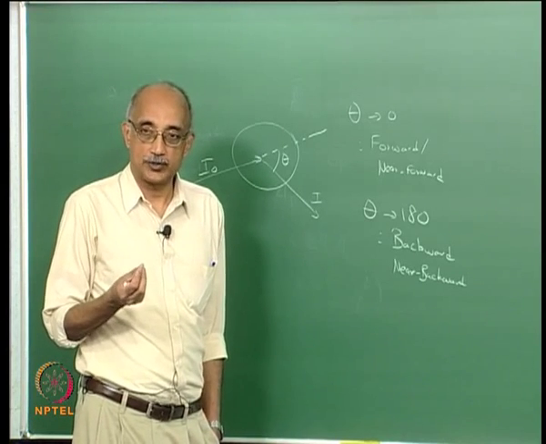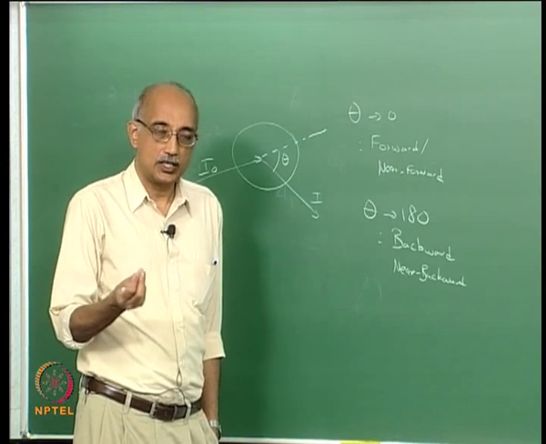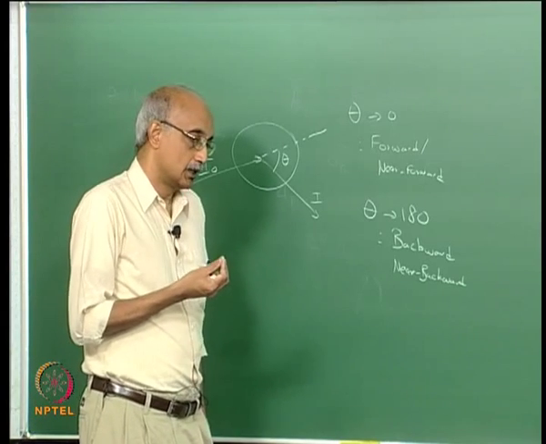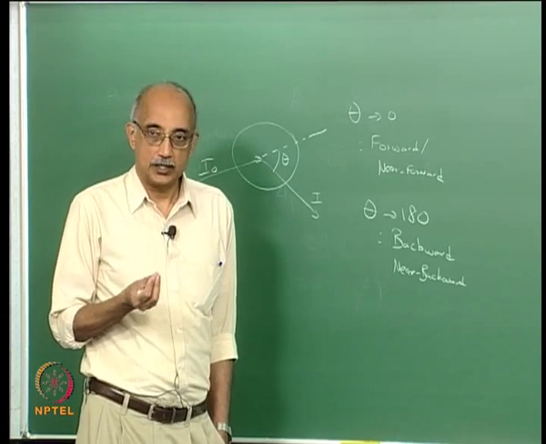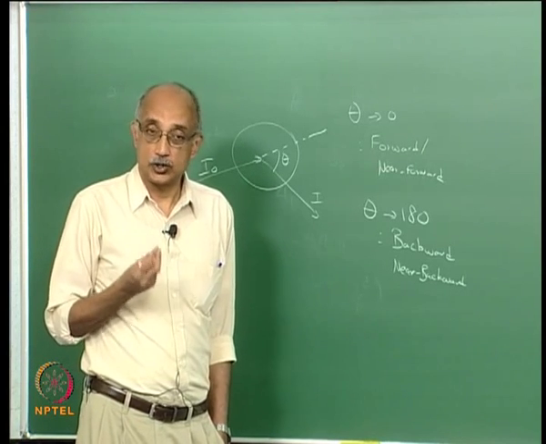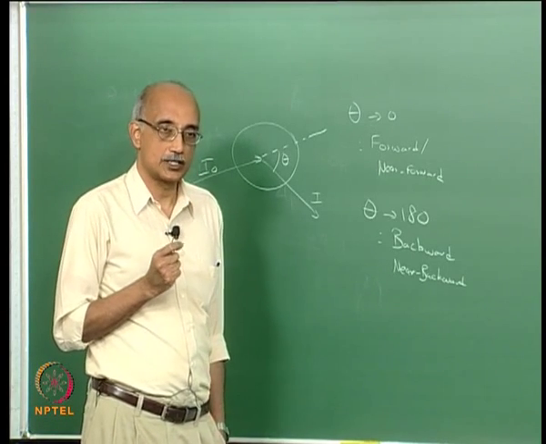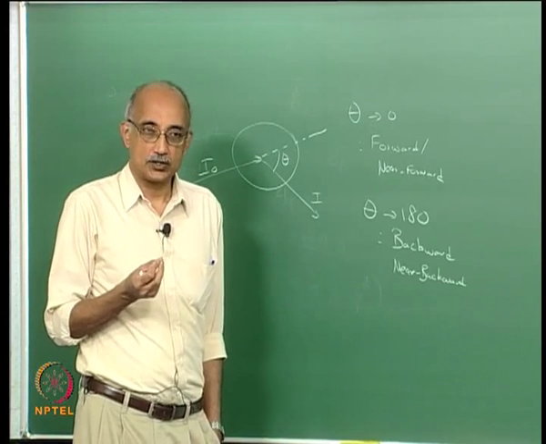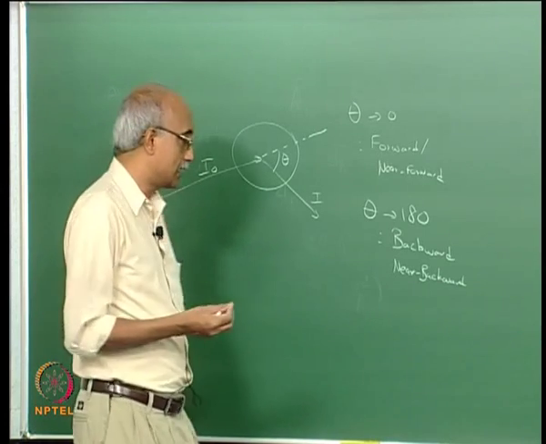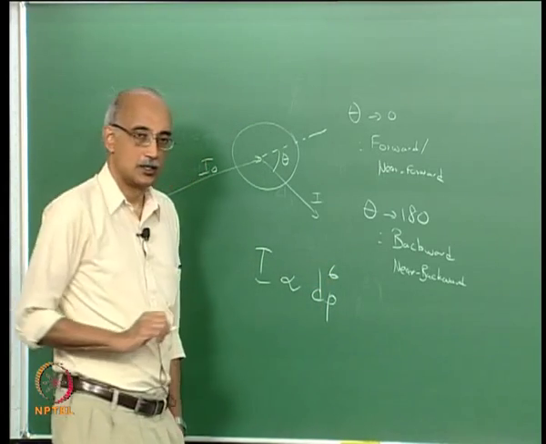For example, if the particle happens to be much smaller than the wavelength of the light, then the scattering intensity is also going to be very small. In fact, as we will see later on, the scattered light intensity varies as the particle diameter to the power 6, and that is a huge challenge, because it means that even though light scattering is a very sensitive technique for particle size measurement, as the size shrinks, as you start approaching submicron and nano dimensions, the fact that I goes as dp to the power 6 is a huge limitation.